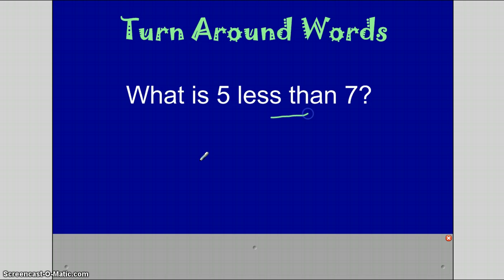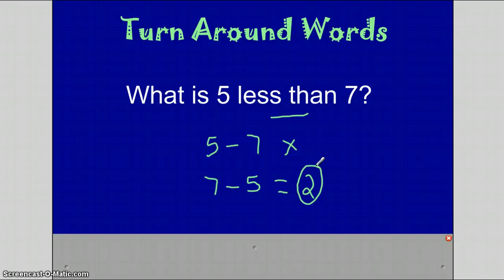less than means to subtract, 5 minus 7. However, this is incorrect. We want 5 less than 7, so that means we have to turn around those numbers to get 7 minus 5, which would be 2. So if I were to ask you what's 3 less than 4, hopefully you would know it's 4 minus 3, and the answer would be 1.